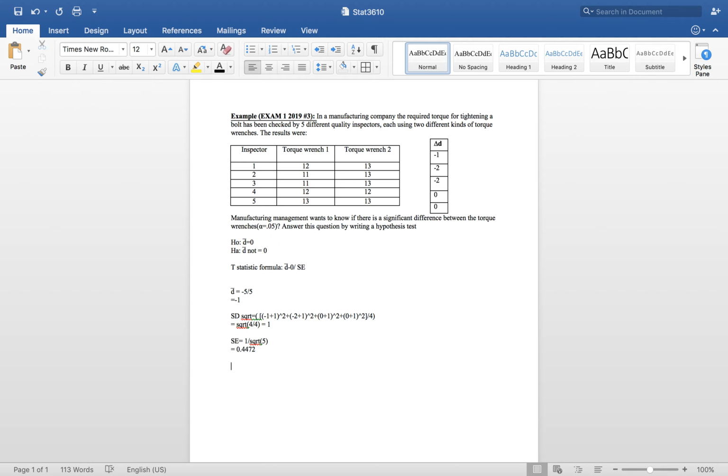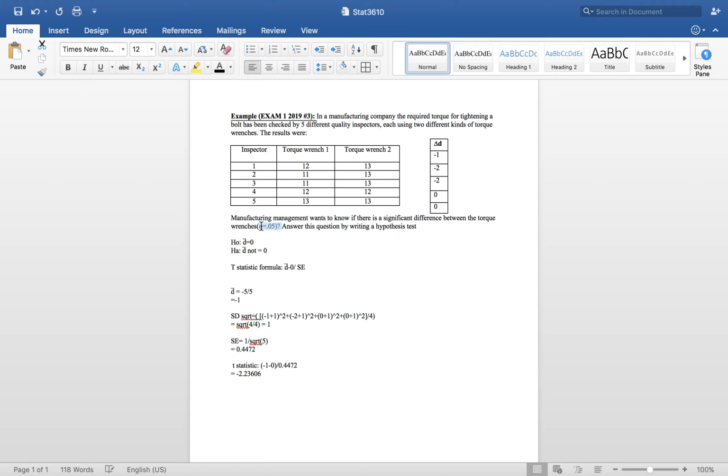We'll just plug it in: -1 minus 0 divided by, put this in parentheses so you could tell better, 0.4472, and that is our t-statistic. This will equal about negative 2.23606.